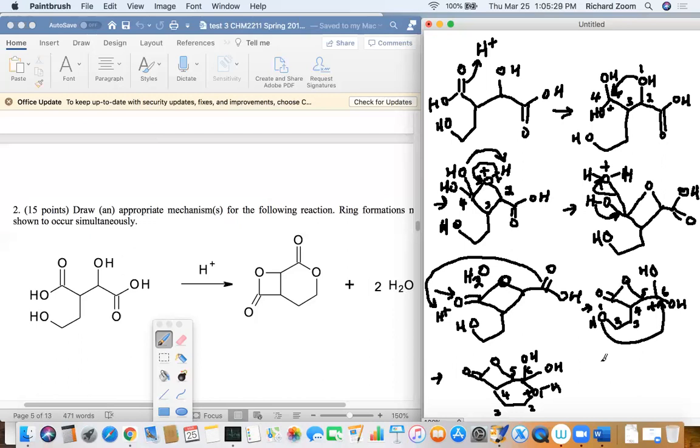It doesn't matter which direction you do it in, as long as you do it. You start until you get to the double bond, and the double bond is always going to be where the two OHs were joined together. Yes, this is what I was trying to say. Okay, thank you.